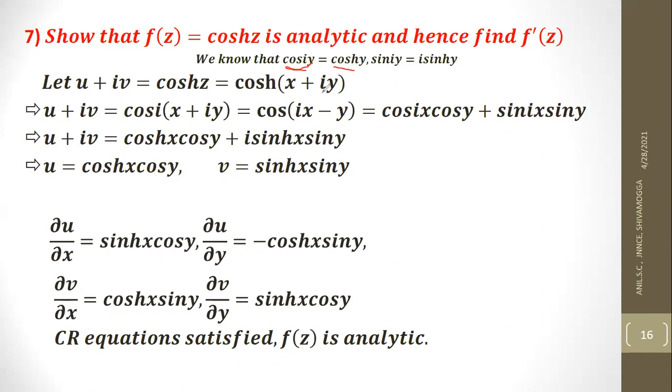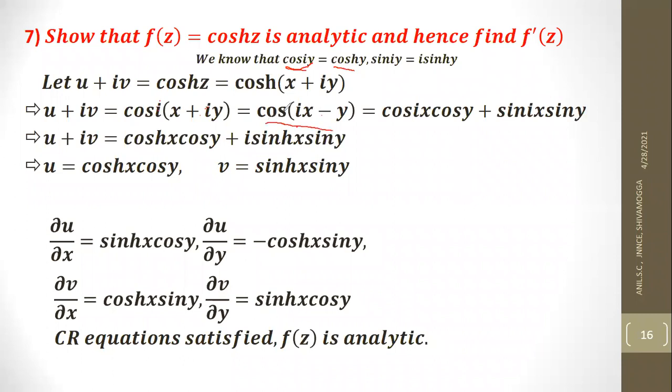Multiplying with this i, this is equal to cos of ix plus i square y, and i square is minus 1. Therefore, this is the same as cos of ix minus y.